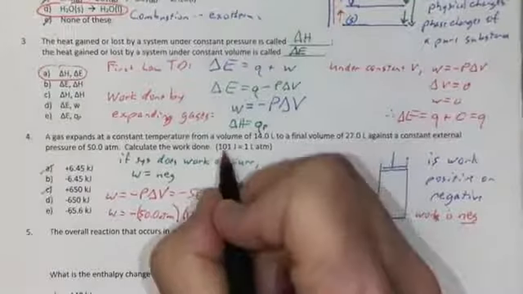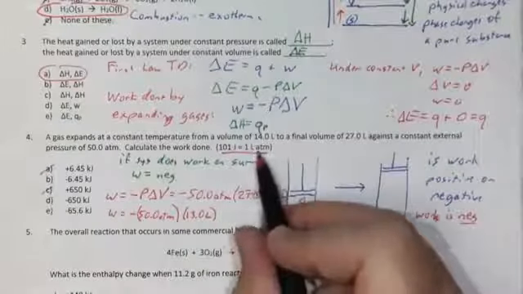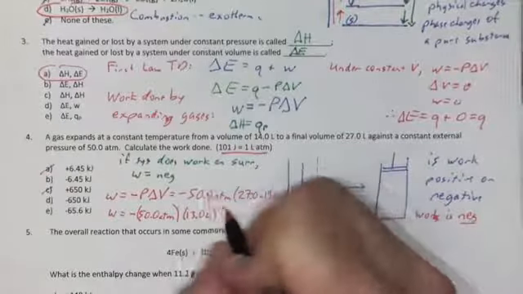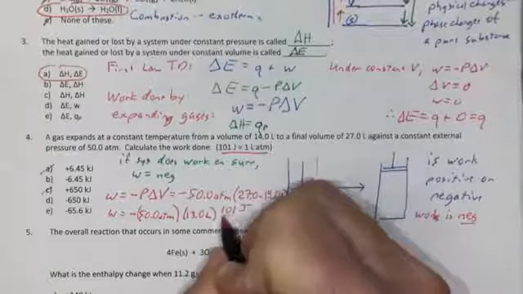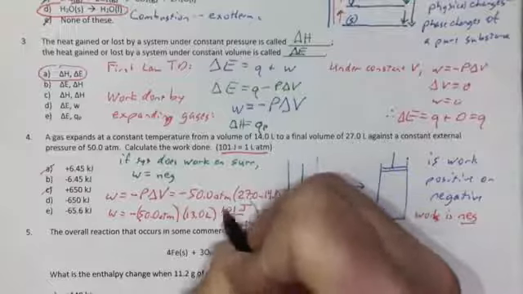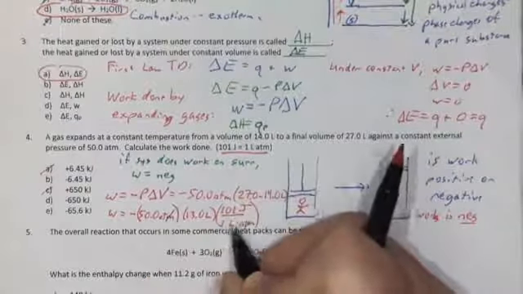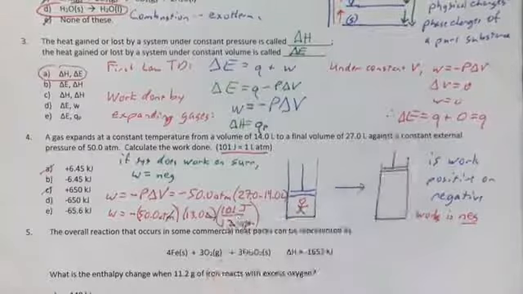Now I need a conversion factor. Notice you do not have to memorize this for the exam. I'll give you this conversion factor, which is that there's 101 joules per every 1 liter atmosphere. And if you focus on the units, then you will see that atmospheres cancels and liters cancels, and I end up in units of joules.